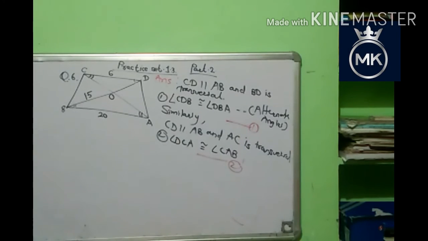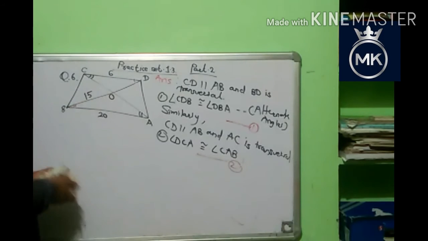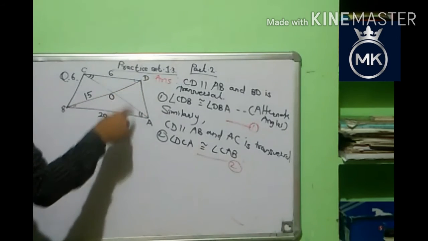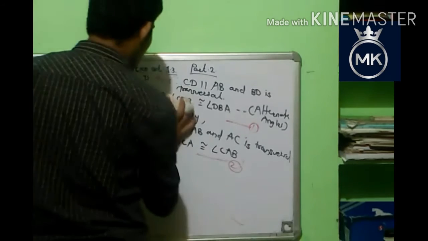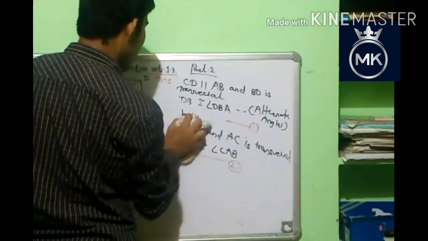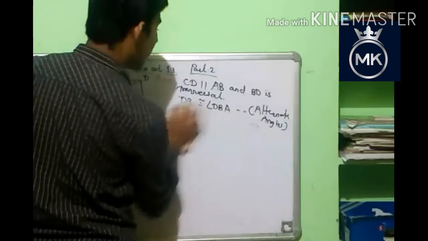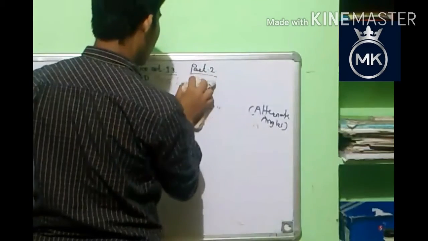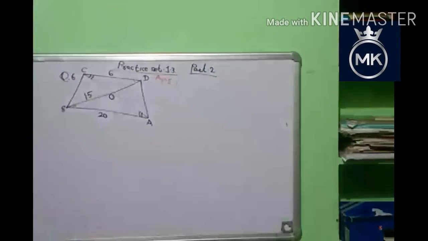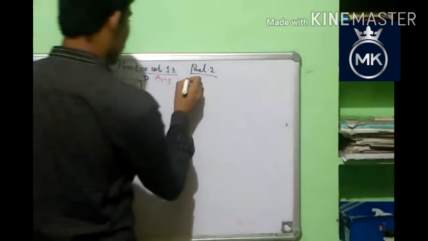Then in step 2 we show the similarity of triangle COD and triangle AOB. We have shown the two alternate angle pairs for similarity of both triangles.